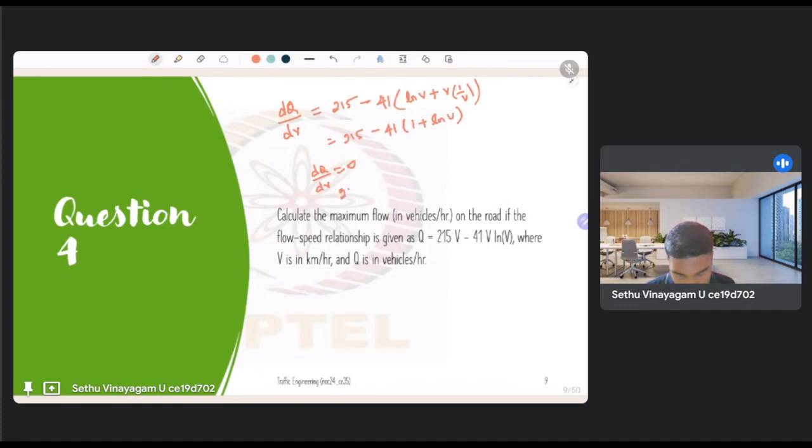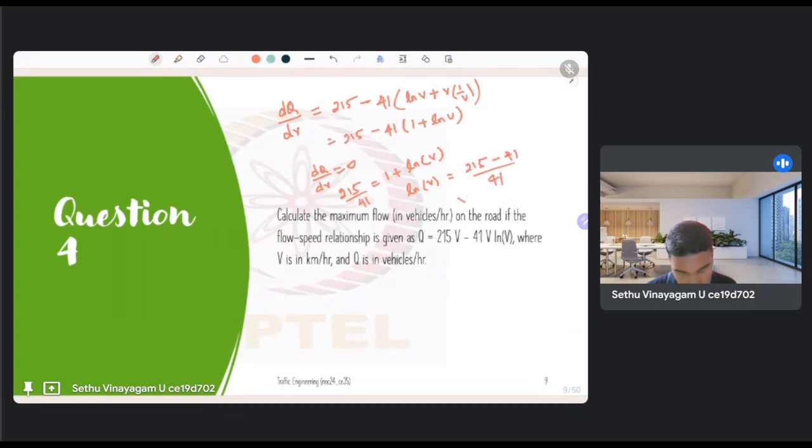So what will we get? 215 by 41 is equal to 1 plus log V. So log V is equal to (215 minus 41) by 41.